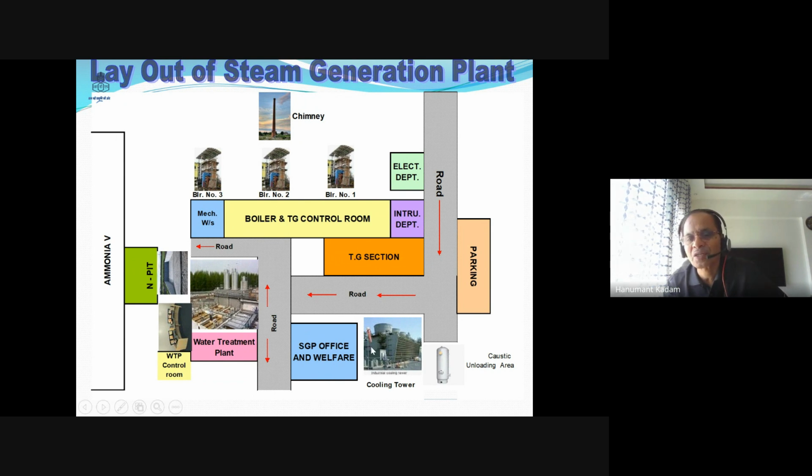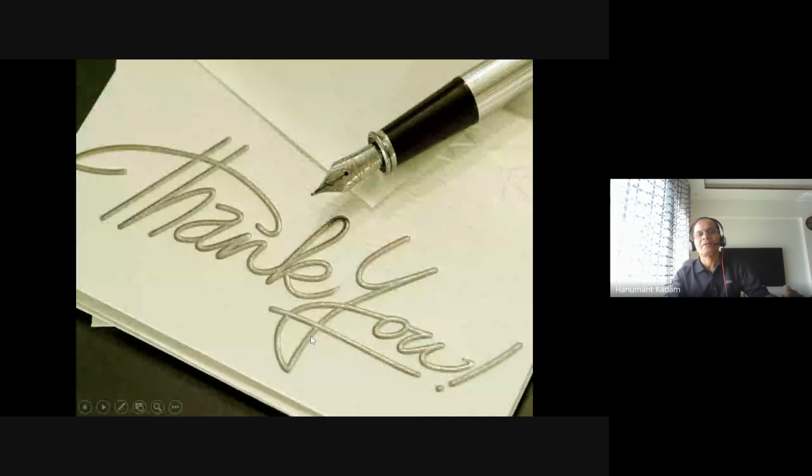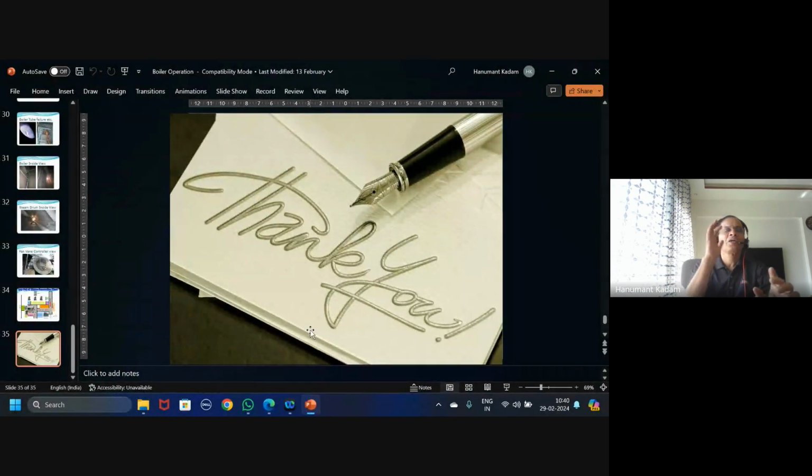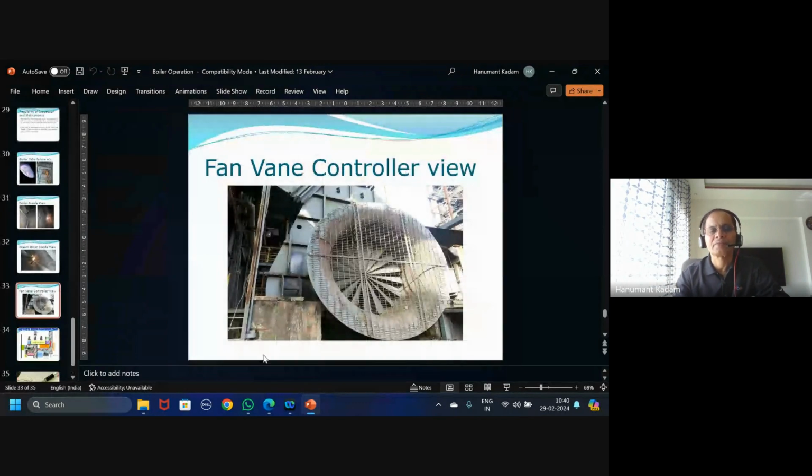You can see the cooling tower and water treatment plant; these are the utilities for the boiler. This is the layout of the plant. So this is the total look of the industrial boiler requirements.